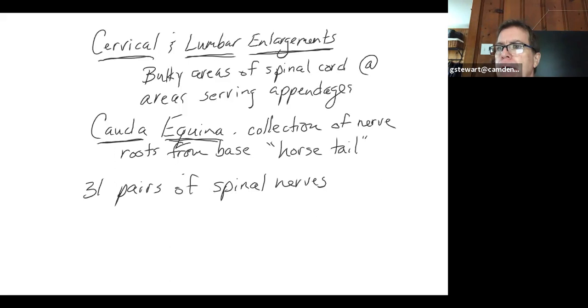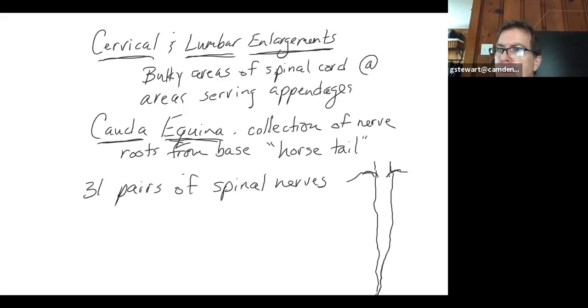So if we were to do a dissection of the spinal cord, say you're looking at someone's backside, their back, and this is the spinal cord. If we were to dissect this or enlarge it or magnify it, each nerve exits the superior part of the vertebrae, the top part. I haven't drawn a vertebrae associated with it.